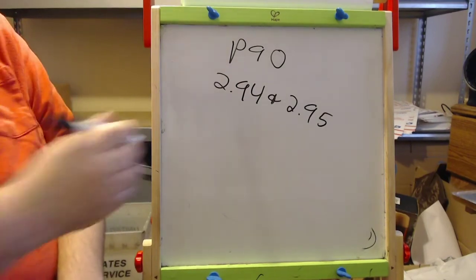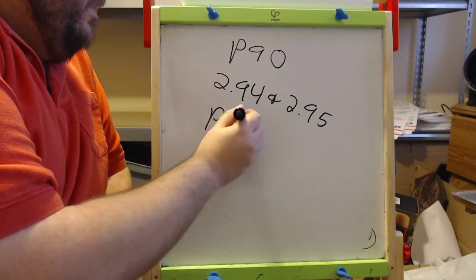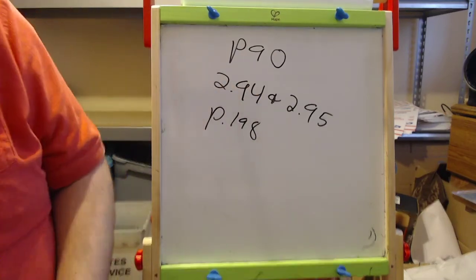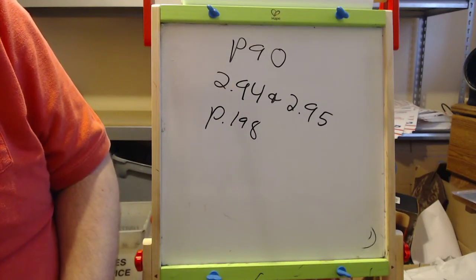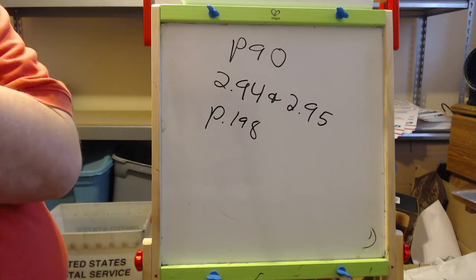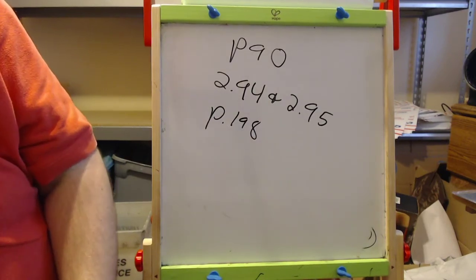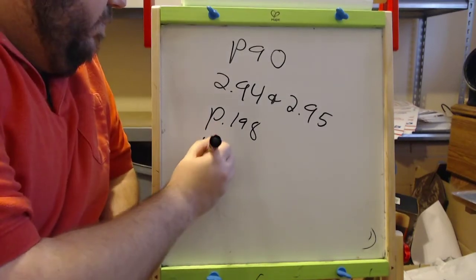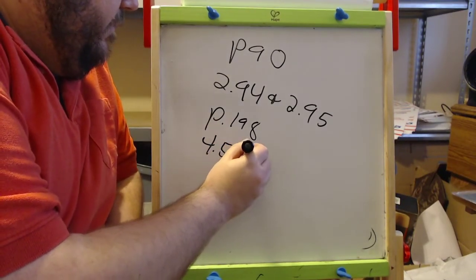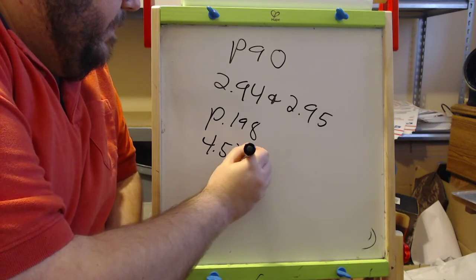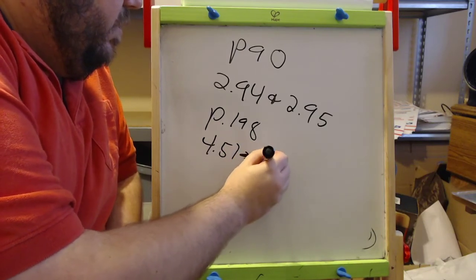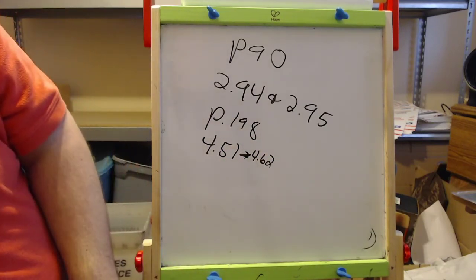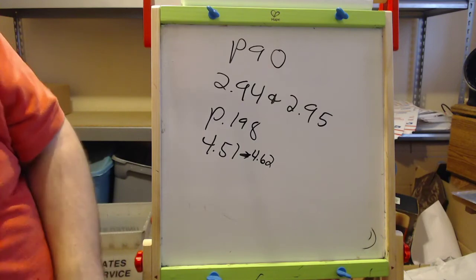And then page 198, 4.57 to 4.62, and 4.65 to 4.68.